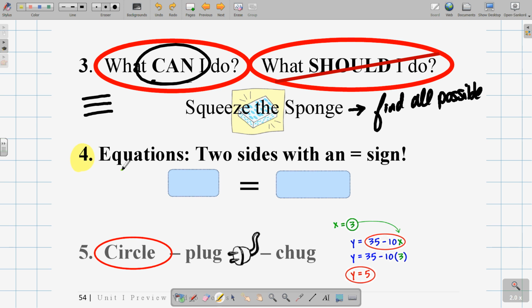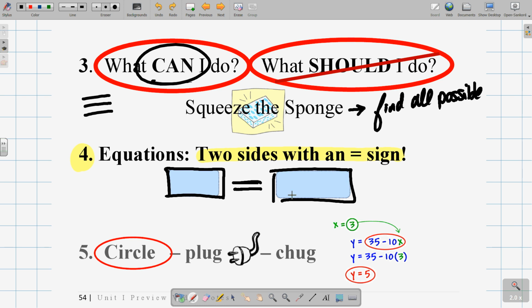Four, when you're working with equations, equations have two sides with an equal sign. When you write equations, you write them with two sides and an equal sign. For example, if I asked for the slope equation, most of you would write this: y2 minus y1 over x2 minus x1.